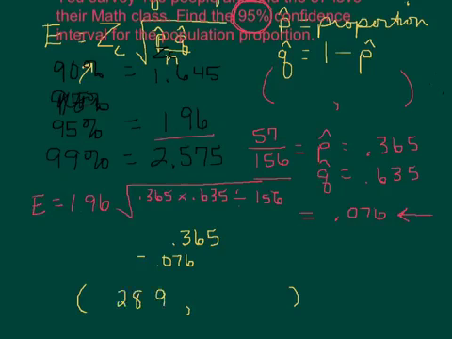So 28.9% or 0.289. So the actual population might be as low as 28.9%, or now you add the error, and that gives you the high value. So it might be as high as 44.1%.